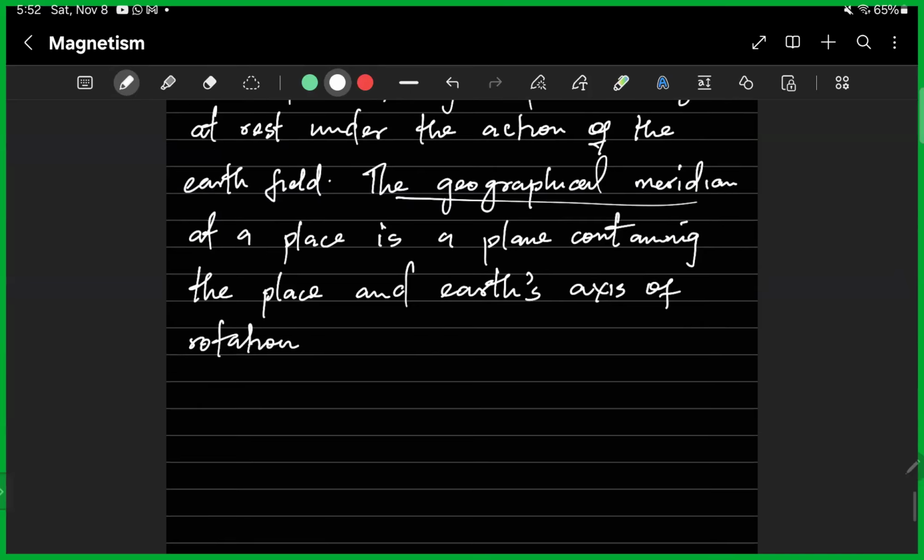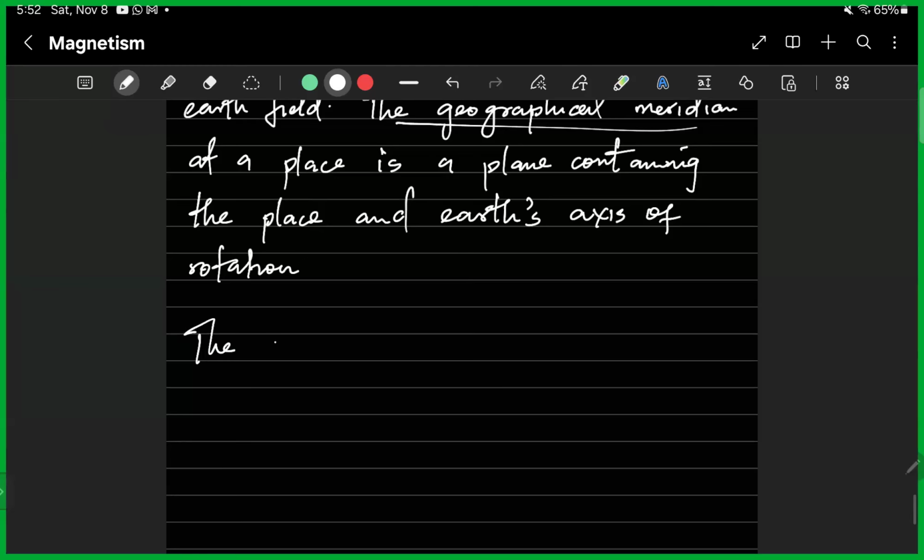They can show up in your theory. The final thing we'll talk about before we call it a day: the angle between the magnetic and geographical meridian.